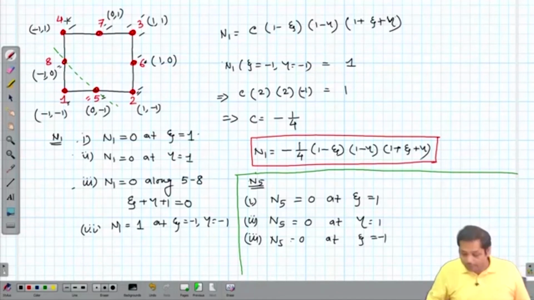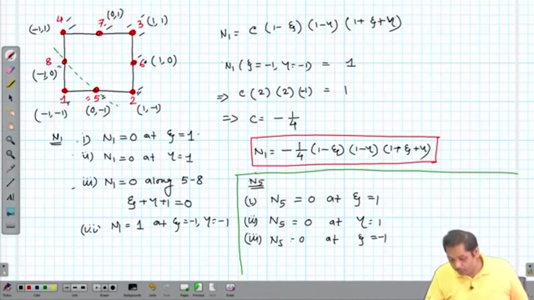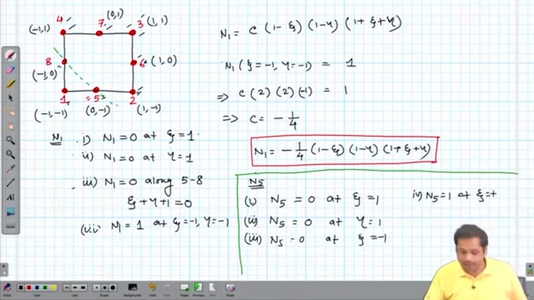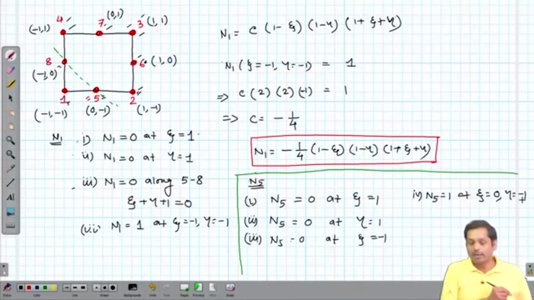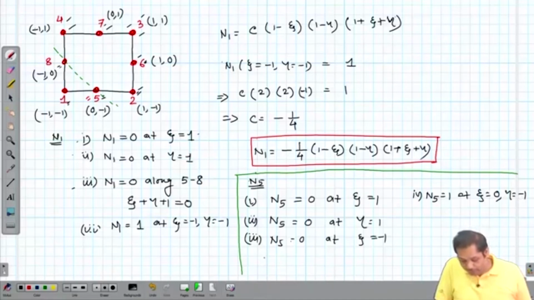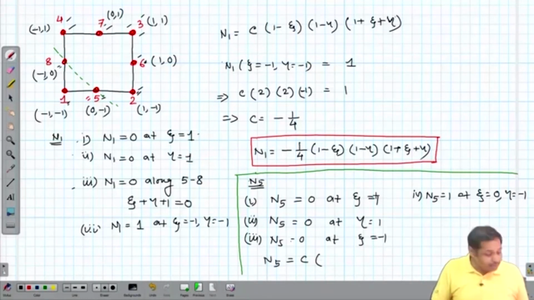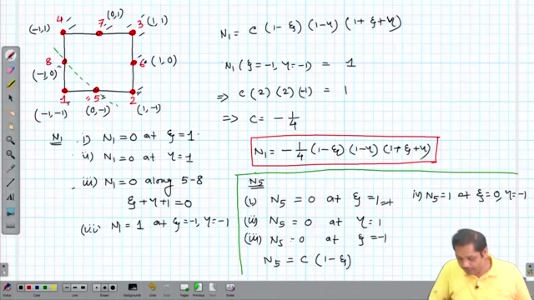And then the fourth condition is N5 is equal to 1 at xi is equal to 0 and eta is equal to minus 1. Now let's take the expression of N5 is equal to C into, it must contain the expression 1 minus xi, that is from this equation.